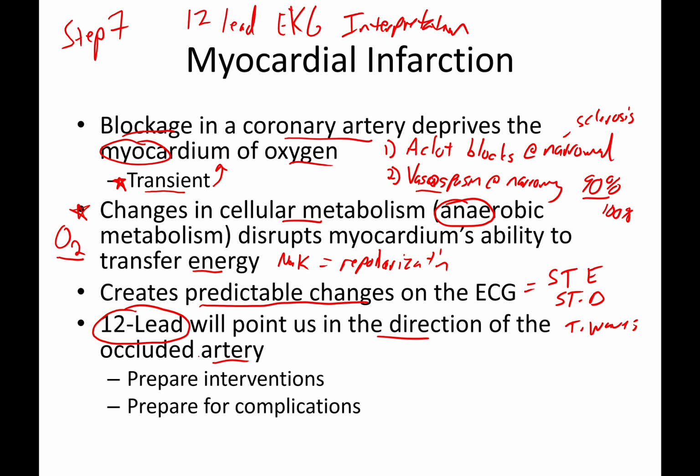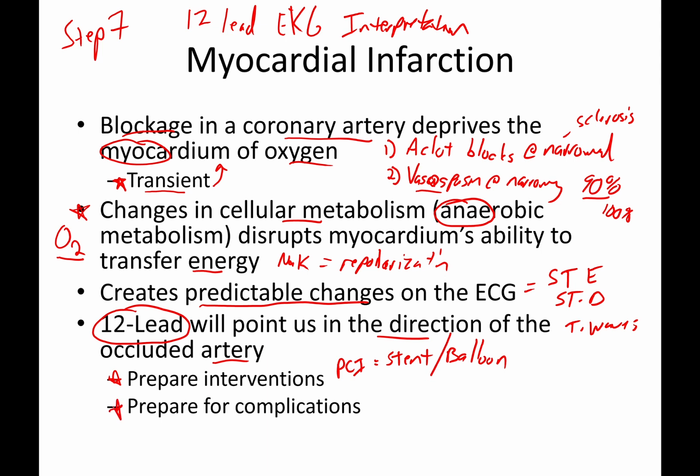What's really helpful with knowing which artery is occluded is it can help you prepare for interventions. So if you're going to do a PCI, percutaneous coronary intervention, you will know who needs a stent or a balloon, or both. The doc would know which artery to focus on for that activity.